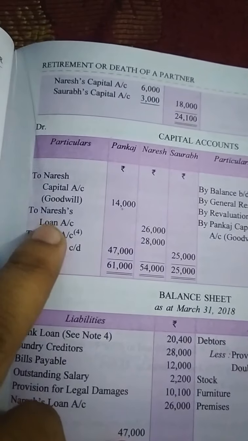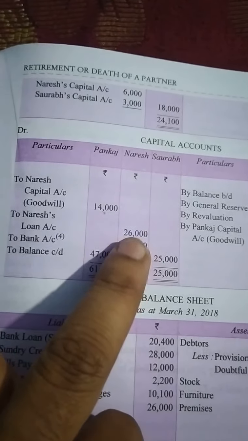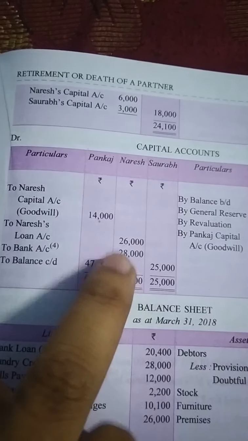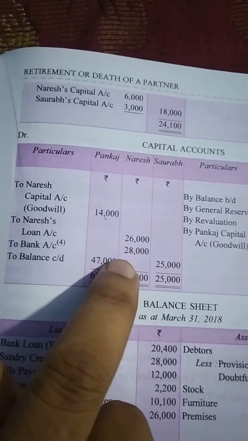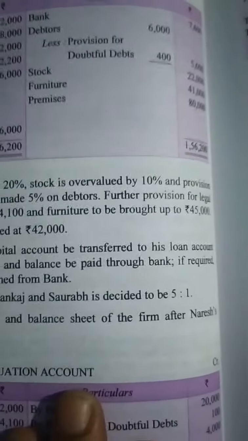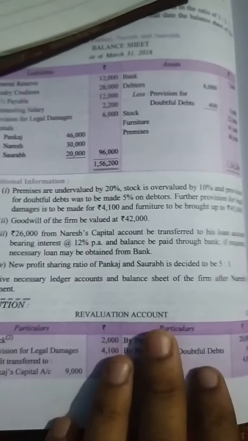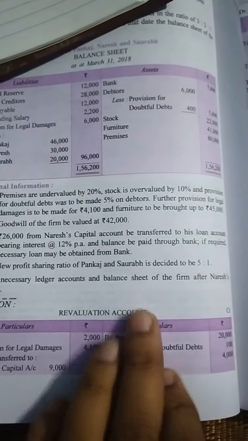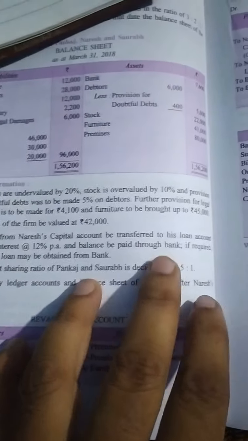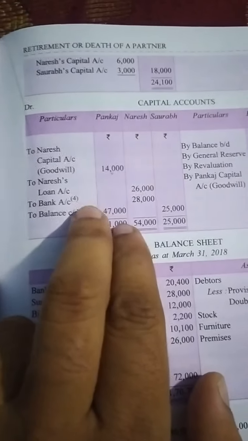To Naresh loan account 26,000, and the remaining amount will be 54,000 minus 26,000, 28,000. It will be paid to him by the firm. It is written here, and balance be paid through bank, through cheque.